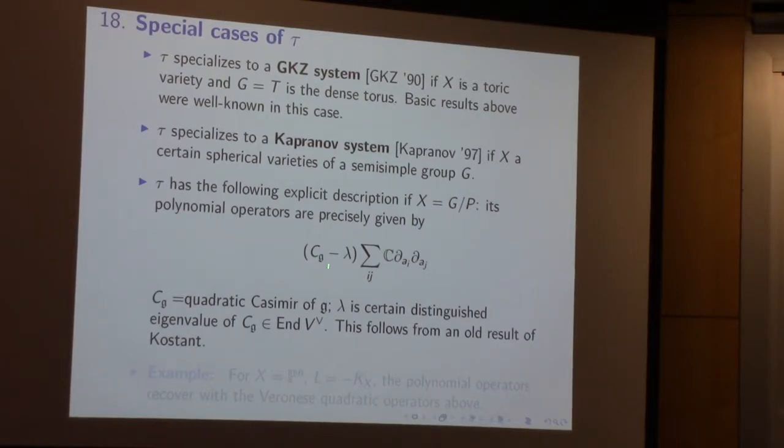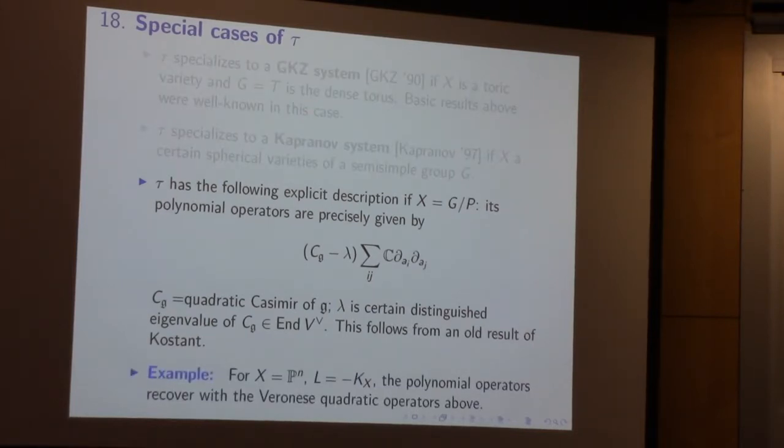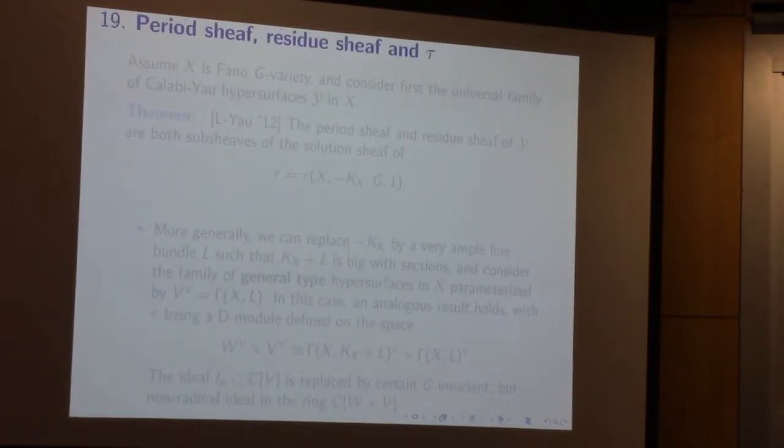So you take this projector, C_G minus lambda, and hit it on this symmetric power representation. The statement is that this projected space gives you all the generators for the polynomial part of my tautological system. And as a numerical example, if you specialize to CP^n and the anti-canonical bundle, these constant operators are exactly the very easy ones.